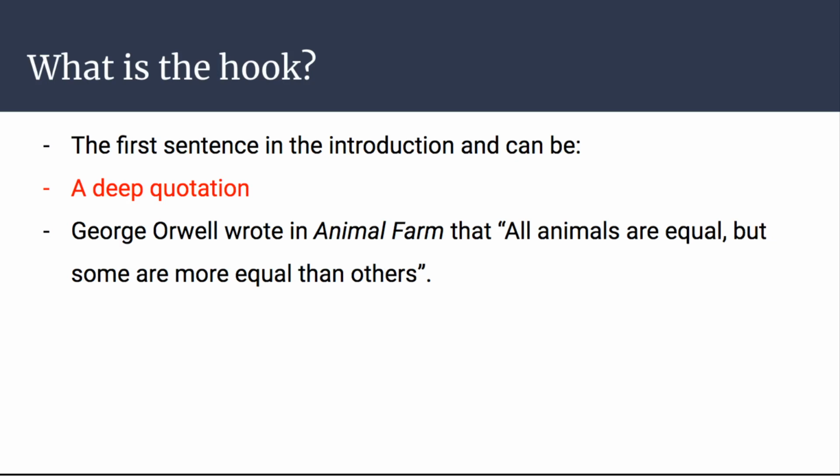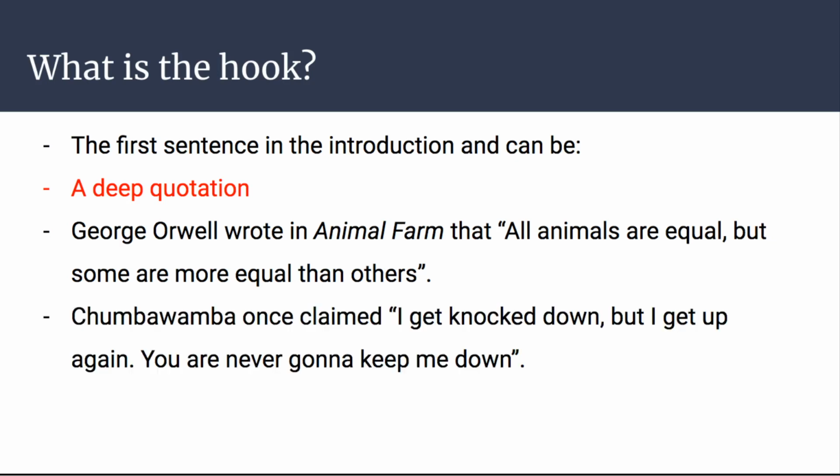So we can start with something like that, like a shocking quote. Maybe the essay is about inequality, or maybe hidden inequality. Or something like this. Chumbawamba once claimed, "I get knocked down, but I get up again. You are never going to keep me down."